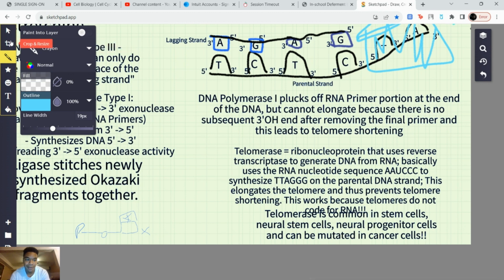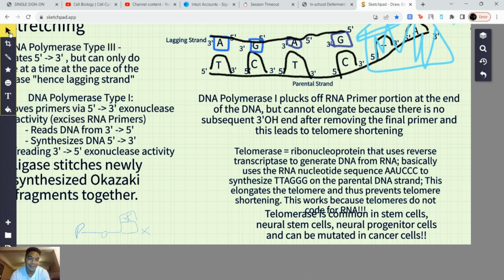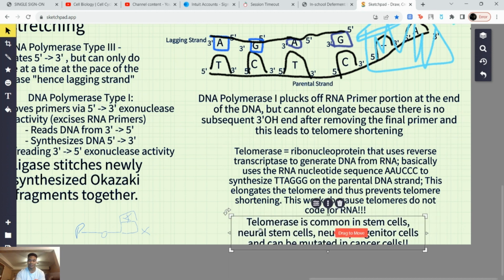Okay, so now let's talk about the cool stuff, because this is actually some research I wanted to get into next. So I think the first journal paper that I want to talk about after we do mitosis, meiosis, and the replication cycle is going to be dealing with telomerase. Because I remember one of my colleagues gave a talk about telomere shortening, and I thought it was fascinating at the time, but I was researching something different.